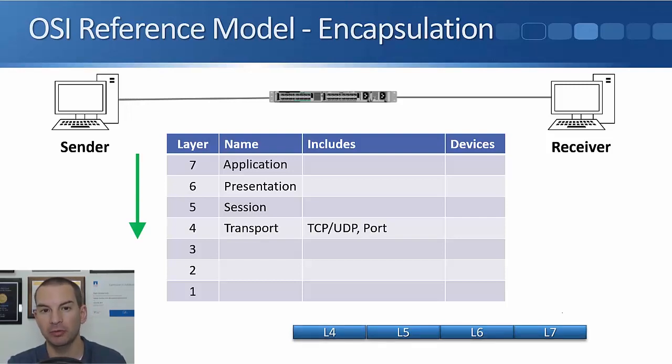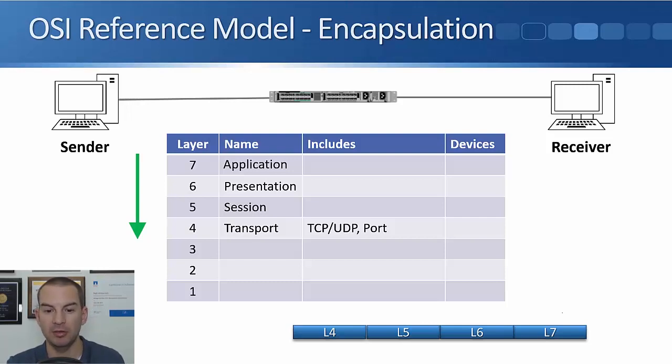At layer 4, this is going to be either TCP or UDP, and it will include the port number, such as port 80 if it's web traffic, port 25 for our email example. Now, if you don't already know the details of TCP, UDP, and port numbers, don't worry about it yet. We're going to cover all this information in much greater detail in later lessons and actually throughout the entire course.